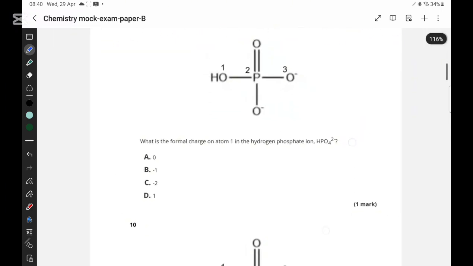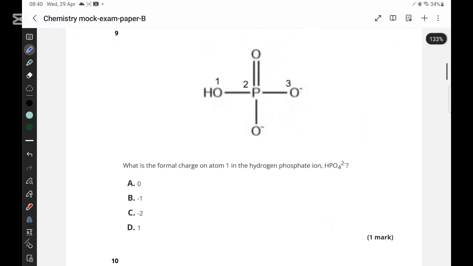For the next question, they are asking what is the formal charge on atom 1 in the hydrogen phosphate ion. If you want to find the formal charge, it has a formula.